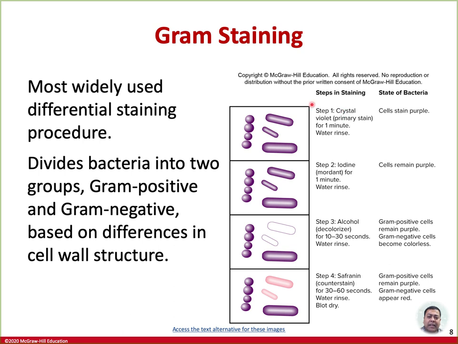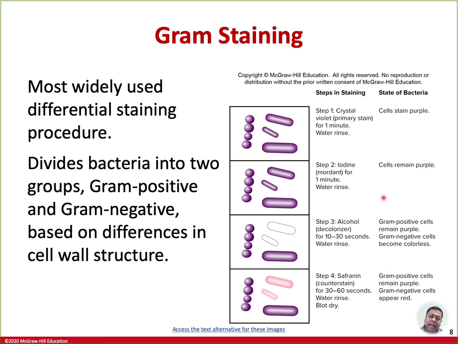We make a smear, we heat fix the bacteria, and we put the stain there for 1 minute, water rinse, and the cells stain purple. In the next step, we use iodine, which is a mordant. A mordant is a helper, and we keep that mordant on the slide for about 1 minute, and again we water rinse. All the cells will remain purple.